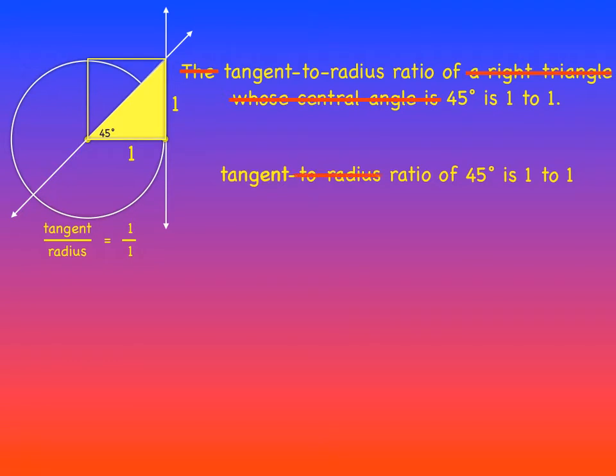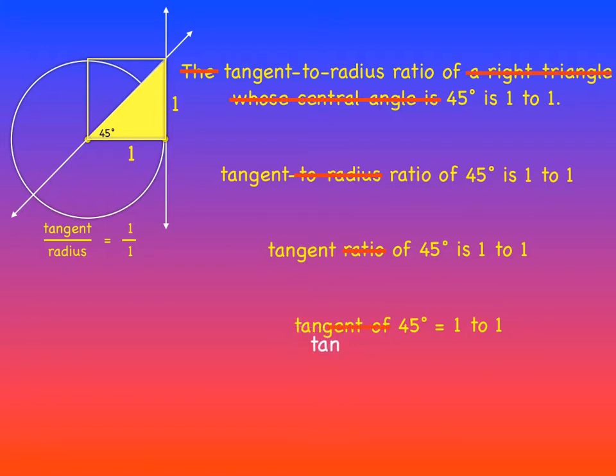Let's get rid of some more. Tangent ratio of 45 degrees is 1 to 1. Let's get rid of the word ratio. Tangent of 45 degrees equals 1 to 1. And actually we can boil it down more than that. We'll leave off the "of": tangent 45 degrees equals 1. That's our abbreviation.